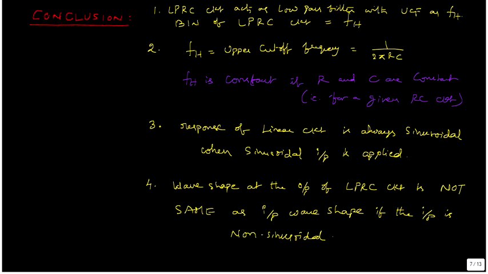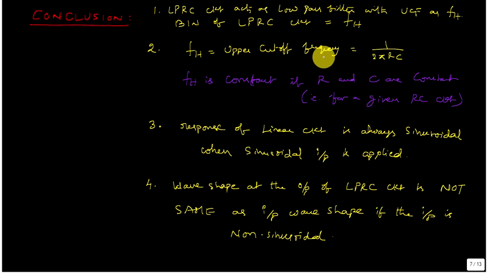That means f less than FH is the pass band, and f greater than FH is the stop band. So FH is the upper cutoff frequency, up to which it passes. And the bandwidth of the low pass RC circuit is FH.